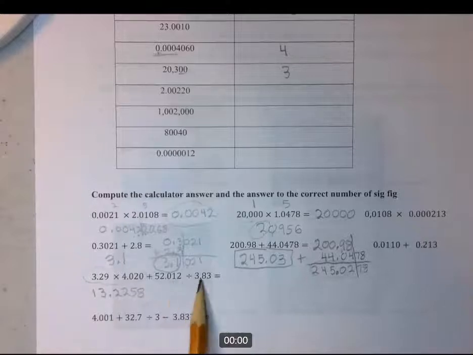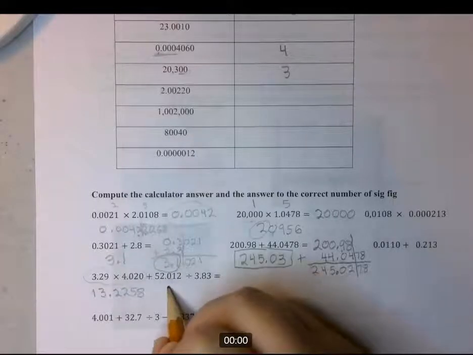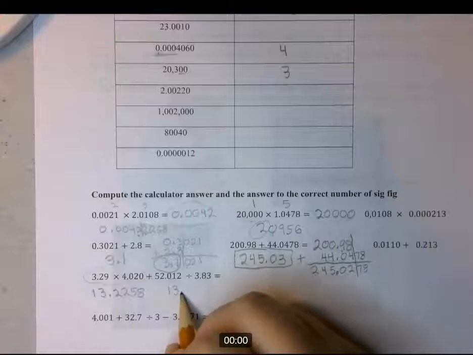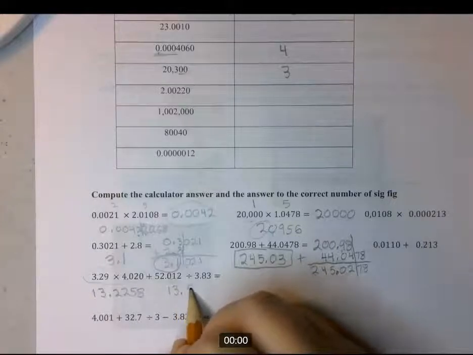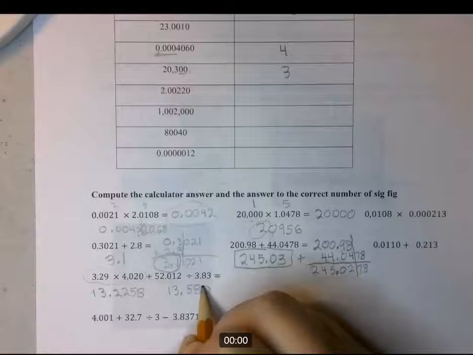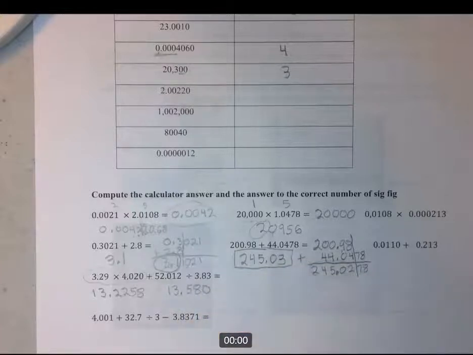Okay, now we're going to do this division. Multiplication and division are equal in terms of PEMDAS. Okay, and I'll leave it there because we're not going to go to any more significant figures than that.